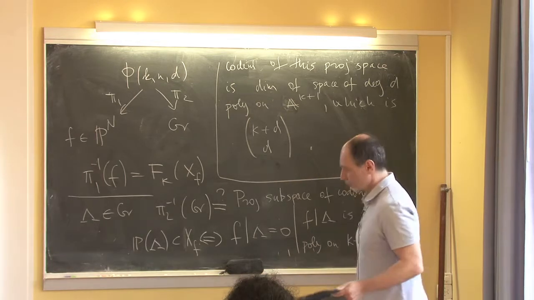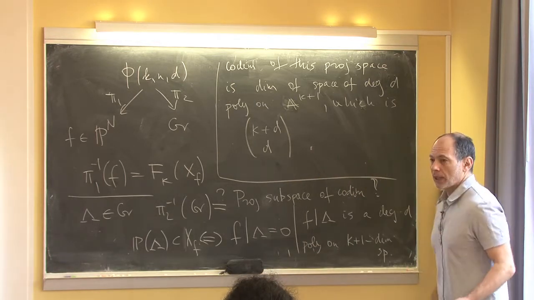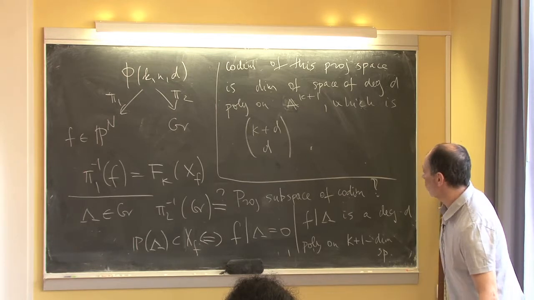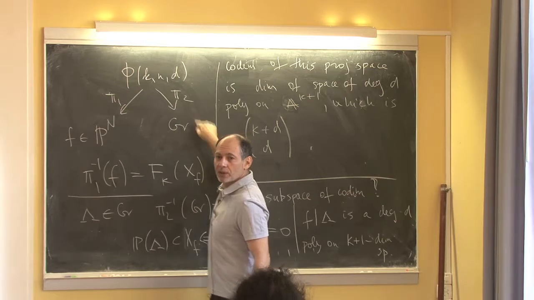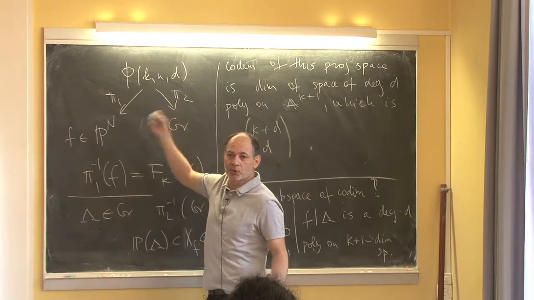Okay. And so actually it's easy to see. You see in one direction this thing is very complicated, but the other is very simple. For each point here, you just have a projective space. It's just a projective fibration.